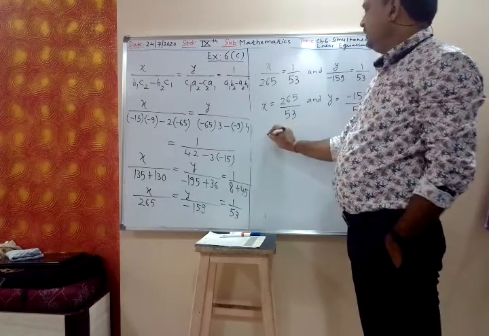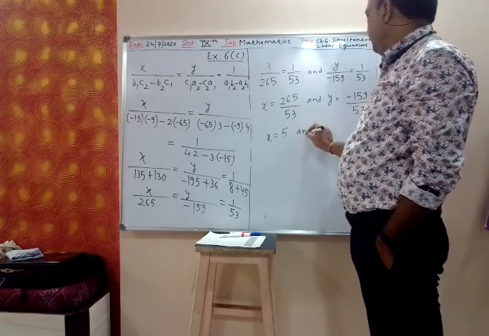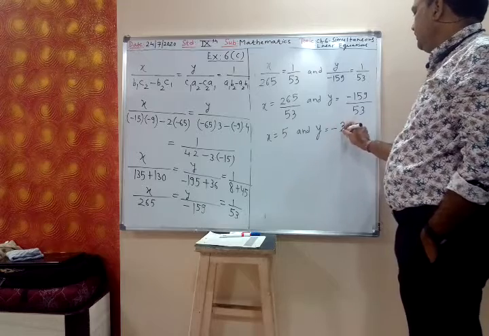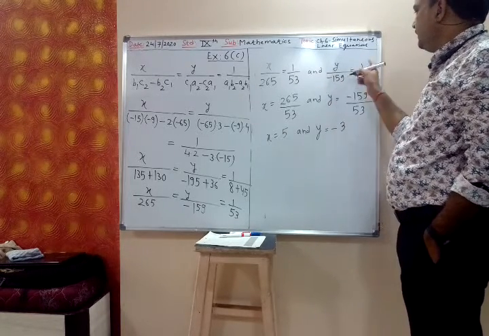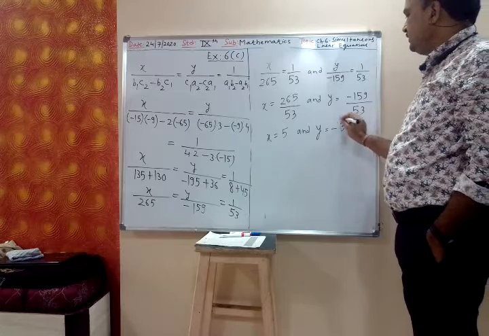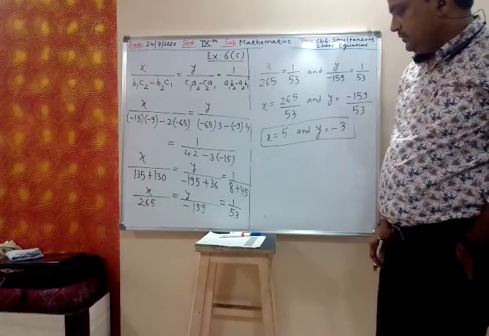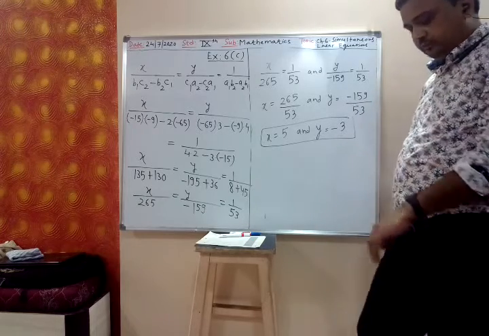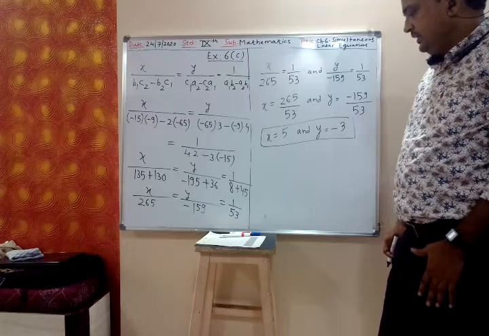X is 5. So x is 265 upon 53, which is 5, and y is minus 159 upon 53, which is minus 3. So x is 5 and y is minus 3.